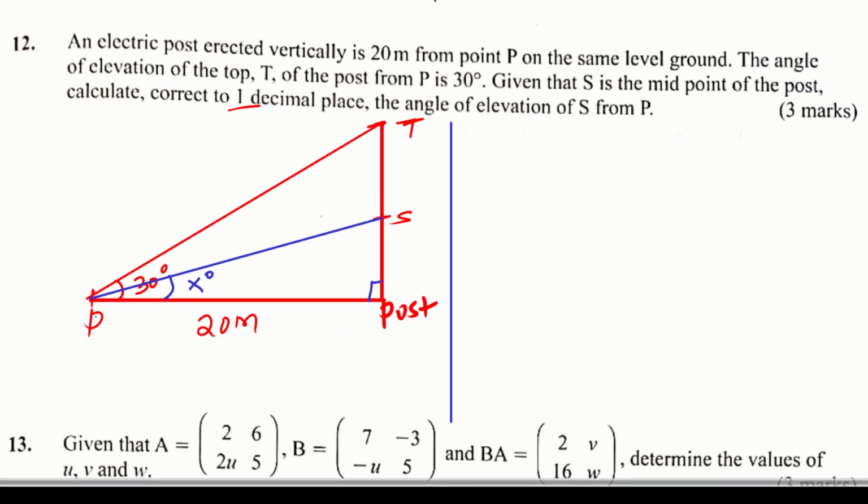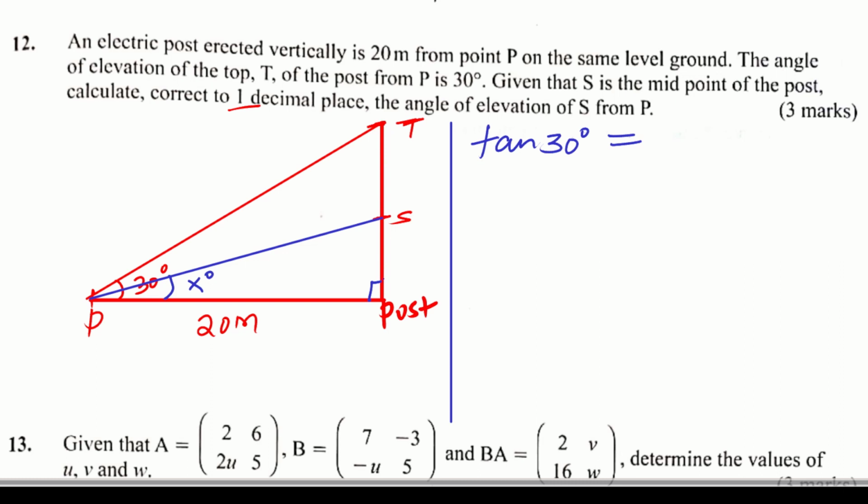So the entire triangle, P, where we have the post, and T. Using this angle of elevation of T from P, this 30 degrees, we are going to use tangent. Considering that triangle, tan 30 degrees is given by opposite over adjacent.